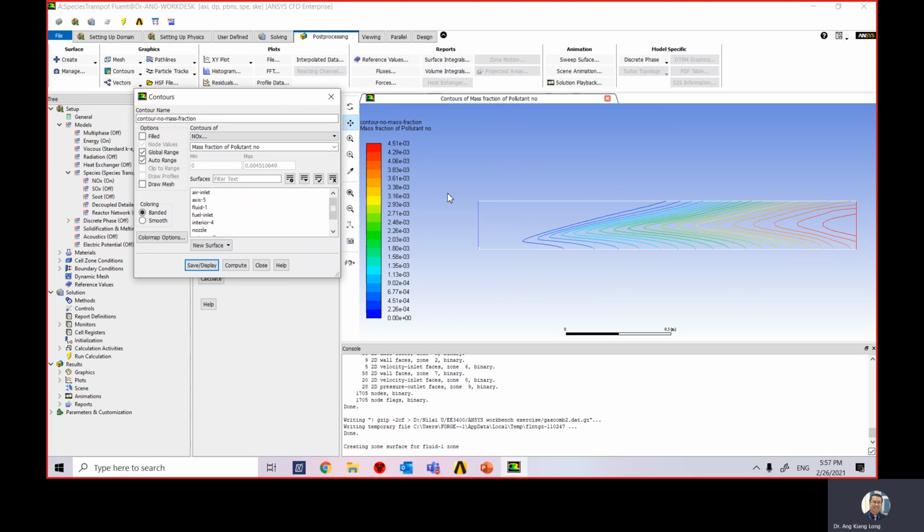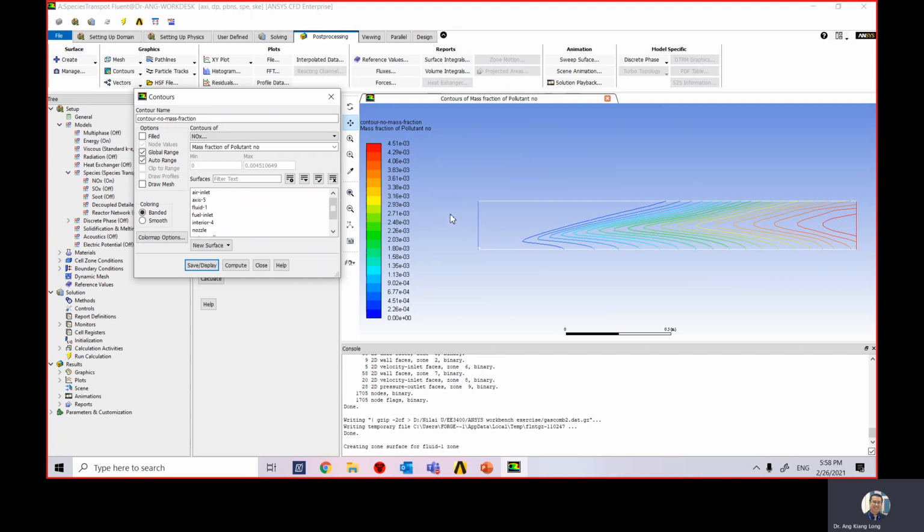So as you can see here, what this graph represents is that you asked the computer to project a contour without filling in the color. Based on all these lines, you will see that the maximum mass fraction for your pollutant is happening on the right hand side of the combustion process.